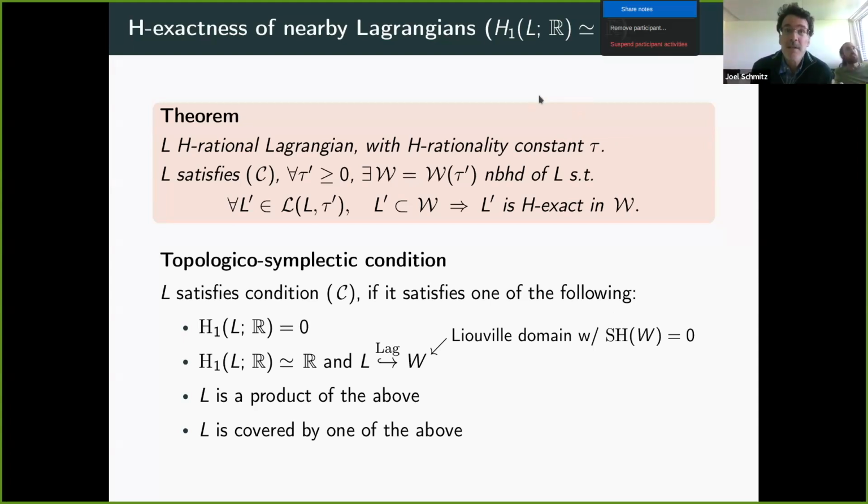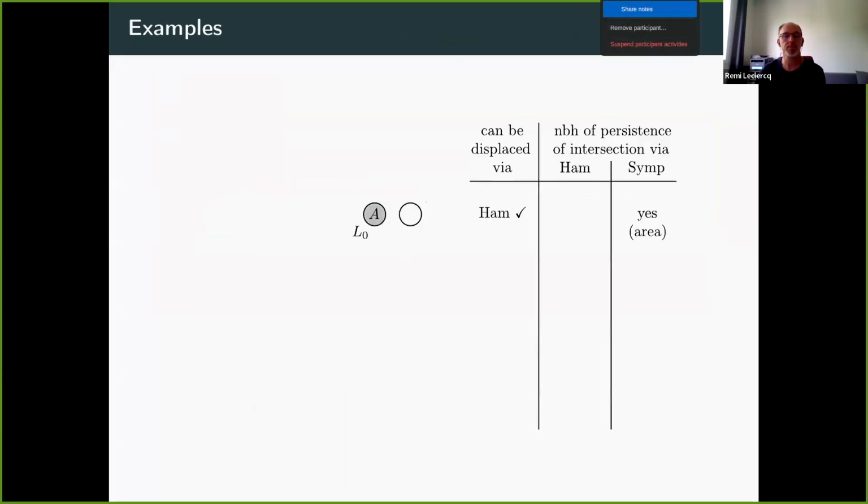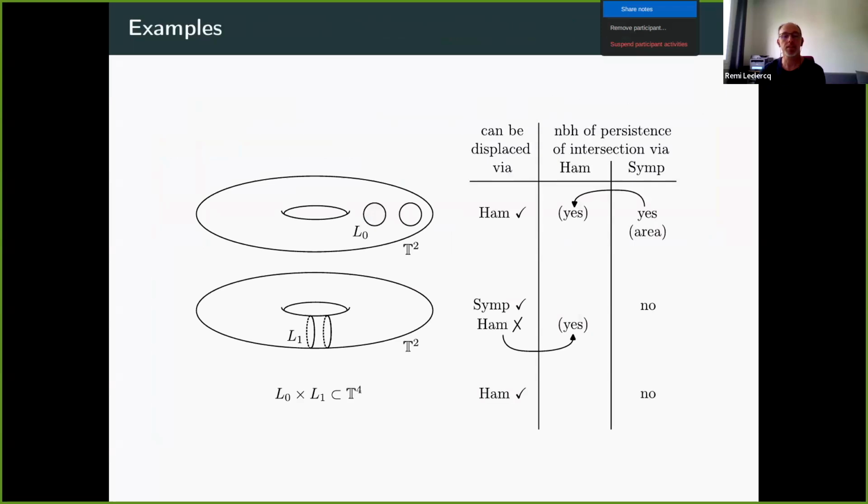Rémi, what is the easiest example of a Lagrangian for which you cannot decide? At the very beginning, maybe there is an obvious argument I overlooked. This one, like the product?